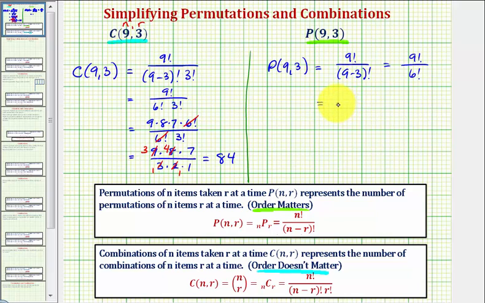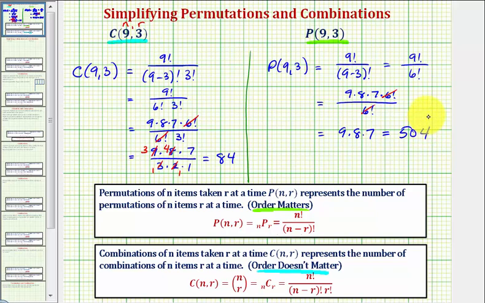We begin by expanding 9 factorial, or starting to. 9 factorial is equal to 9 times 8 times 7 times 6 and so on, which would be times 6 factorial divided by 6 factorial. And just as before, 6 factorial divided by 6 factorial simplifies to 1. So this simplifies nicely to just 9 times 8 times 7, which equals 504.